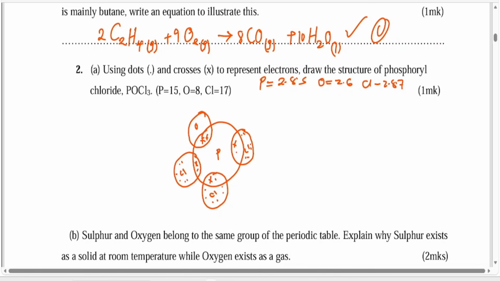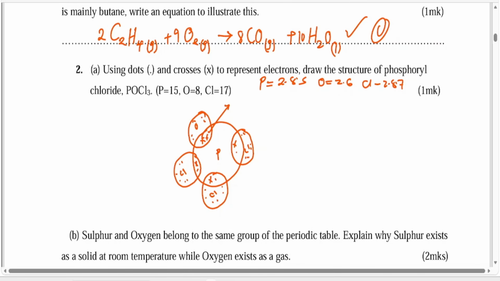I'll do the same on oxygen to show that oxygen gains 2 electrons, which are the crosses. And we shall notice that oxygen contributed its 2 valence electrons to bond with phosphorus. So the lone pairs of oxygen were used in bonding with phosphorus.